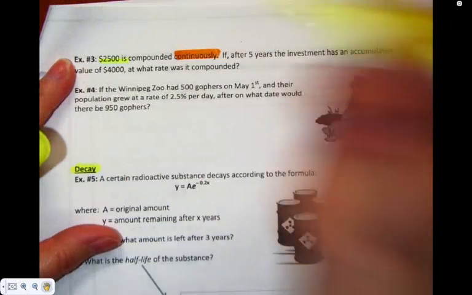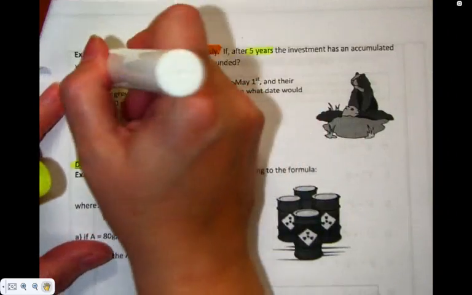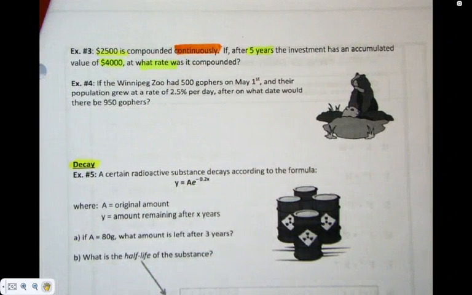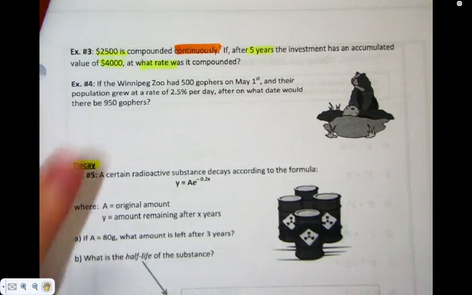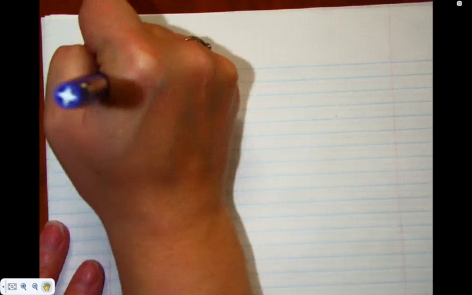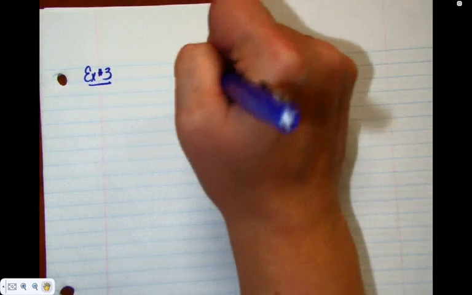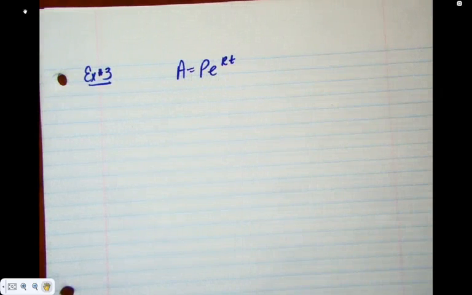We need the 2,500, we need 5 years, we need the 4,000, and we need what rate? What's the A value in our question?